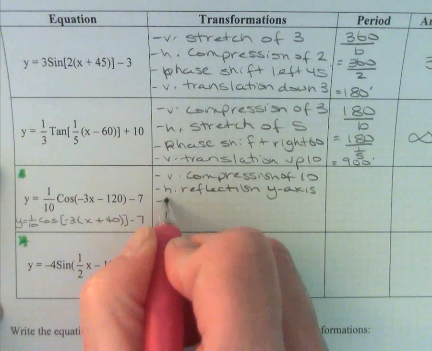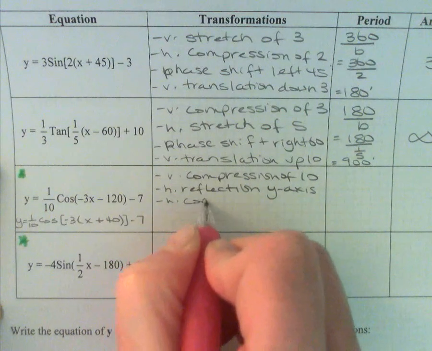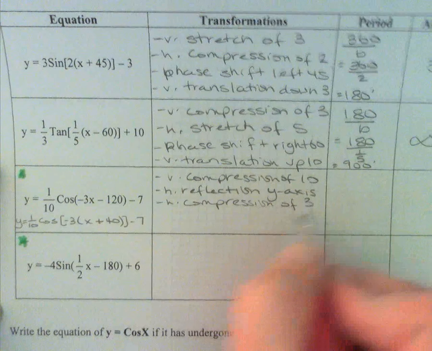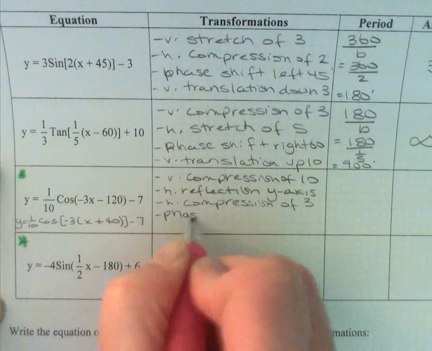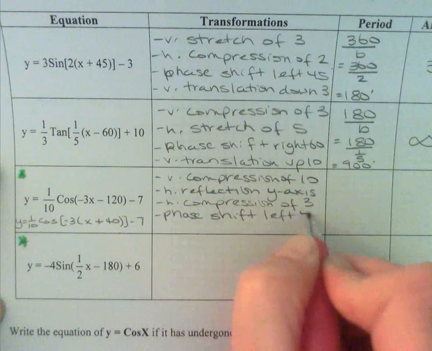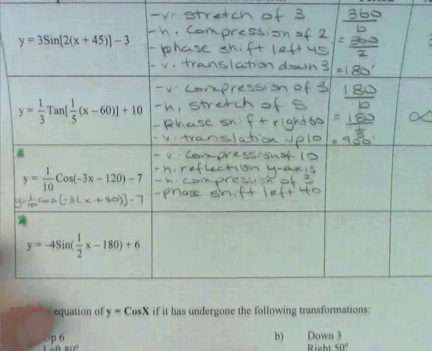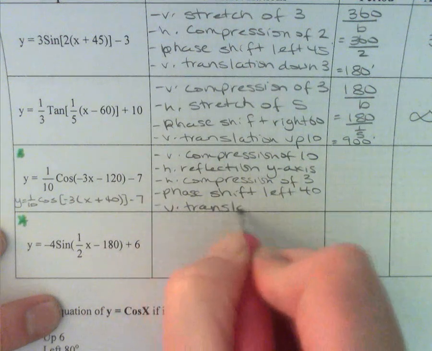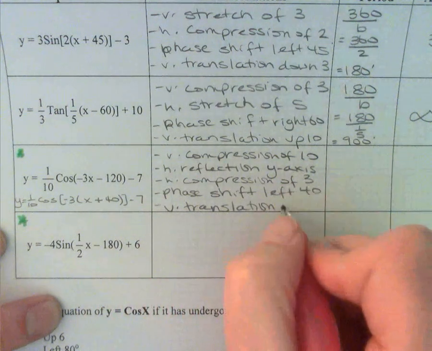I have a horizontal compression, remember brackets lie, of 3. I have a phase shift left 40, and I have a vertical translation down 7.